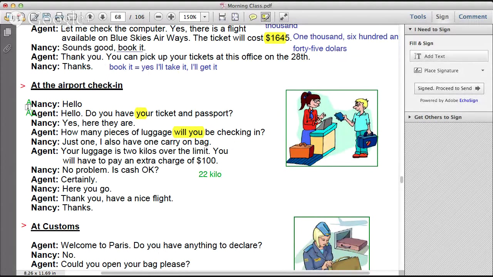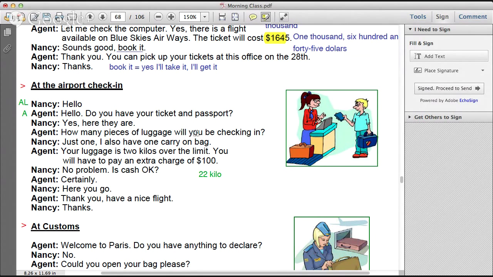Okay, let's continue. Let's switch it up, and Ali, you will be Nancy, and Amparo, you are going to be the agent. Hello. Hello. Do you have your ticket and passport? Yes, here they are. How many pieces of luggage will you be checking in?